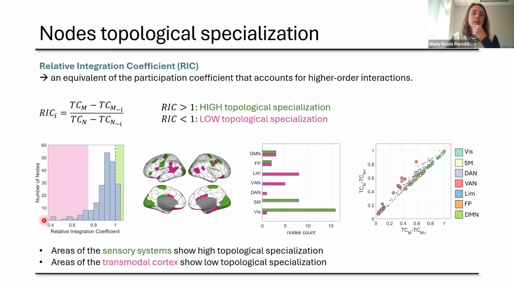And then there's a left tail of nodes with low relative integration coefficient that show low topological specialization. And these are mainly located on the transmodal cortex. So there are nodes of the attentional networks and the DMN and frontoparietal networks.